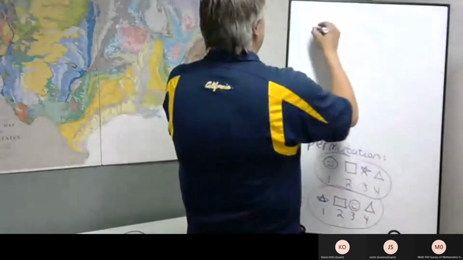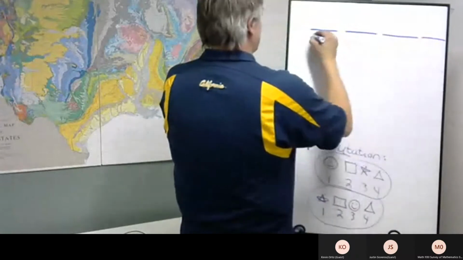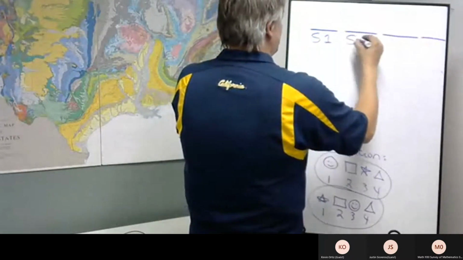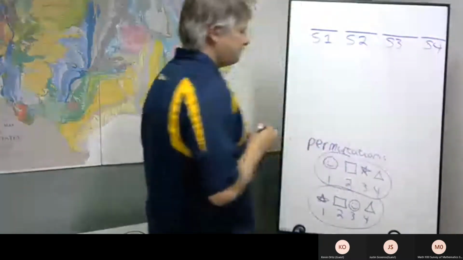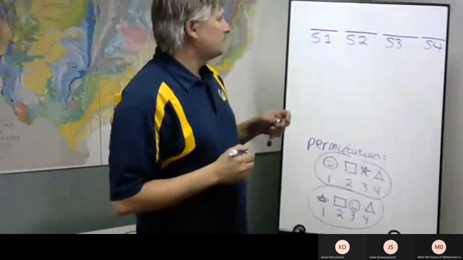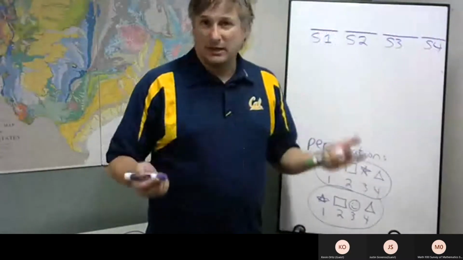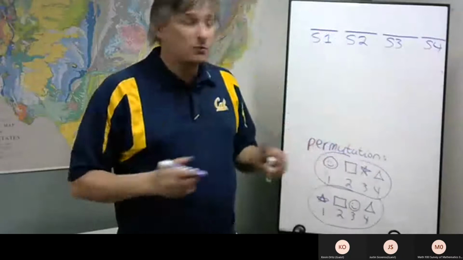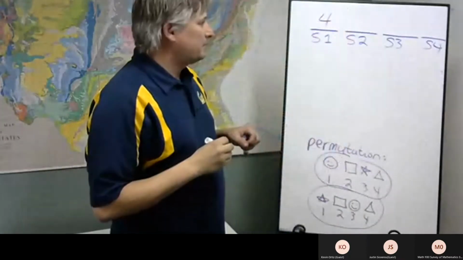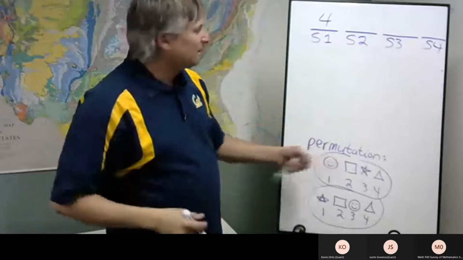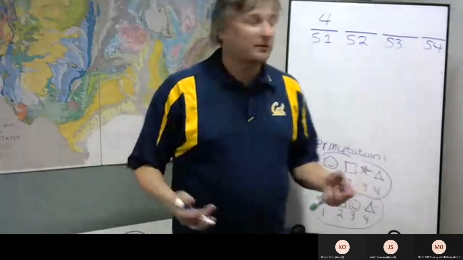So stage 1, stage 2, stage 3, stage 4. So how many objects do we get to choose from in stage 1? Well, there's 4 to choose from. Now, let's say we chose a smiley. That leaves 3 objects to choose from for the second object.